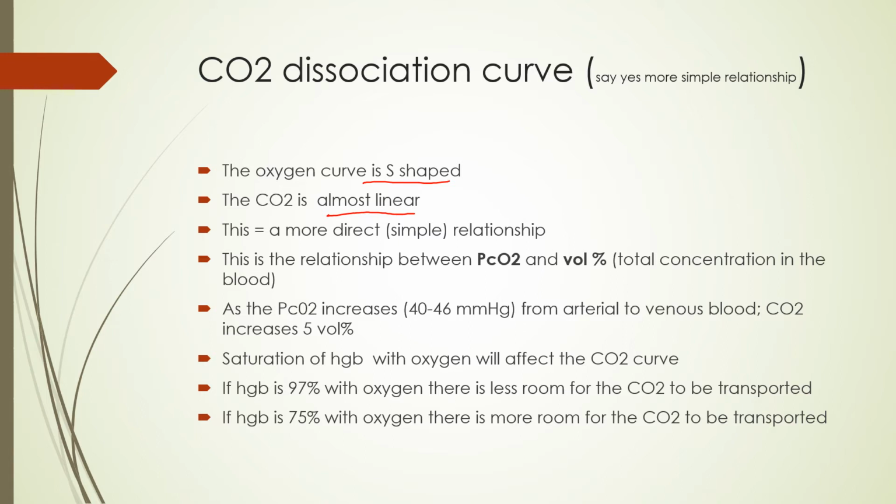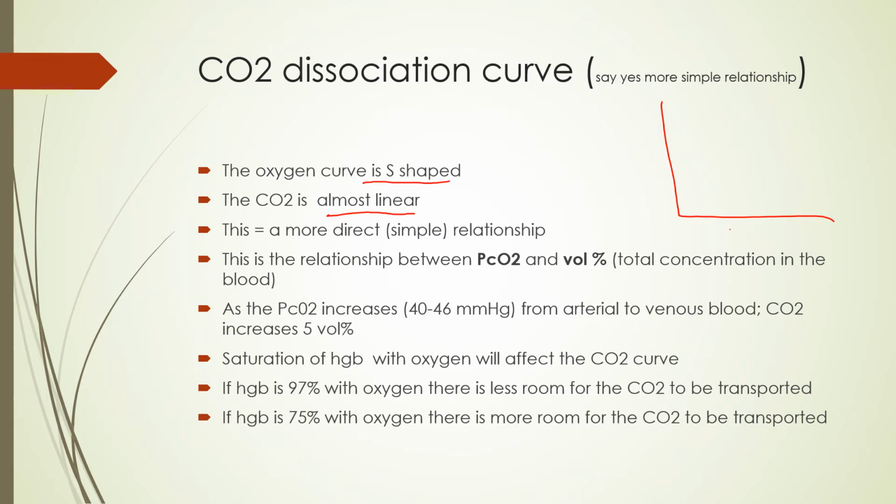Because there are more side routes and more options, it's almost a linear relationship. So simpler, hopefully. Remember how on the oxyhemoglobin curve, our y-axis was saturation and our x-axis was pressure. Same thing on here.